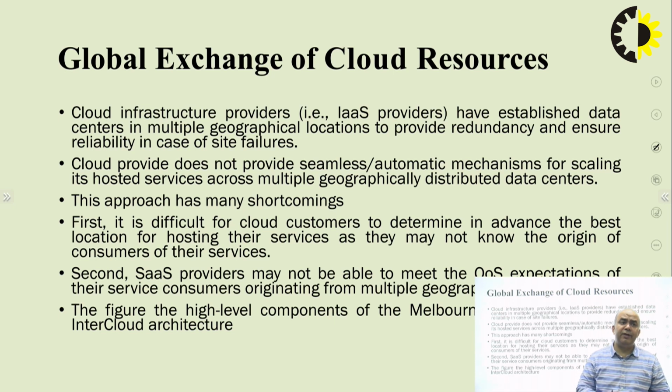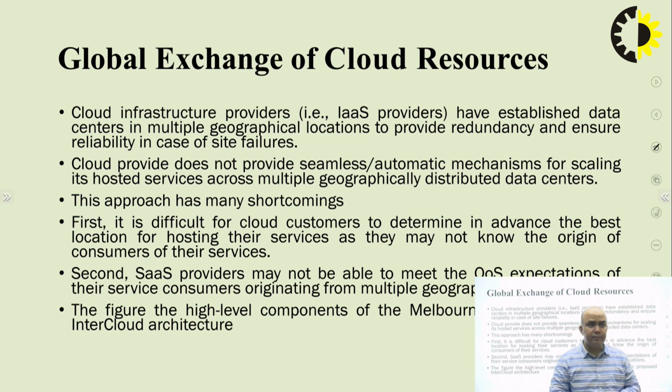So first of all, it's difficult for the cloud consumer to determine the best locations for hosting their services. So users don't know where they have to host their services.